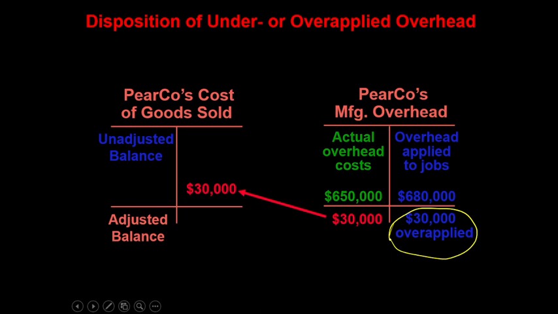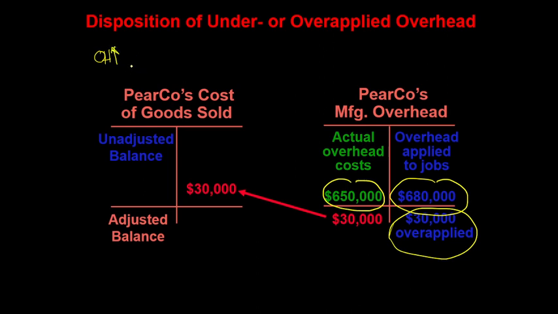Bakit ganun? Okay? Take note that your actual cost is only 650. By applying 680, you're actually overstating the cost of production. So if production cost, especially overhead cost, no? If manufacturing overhead, dito tayo. So if overhead was overapplied, overhead was overstated.